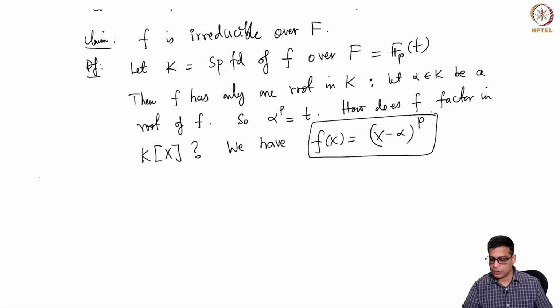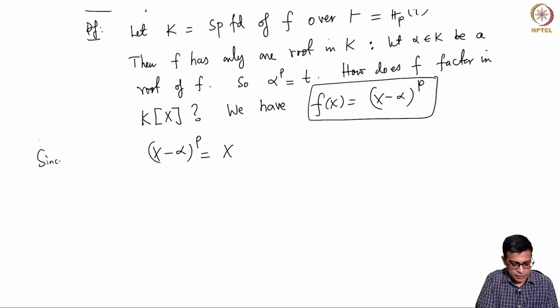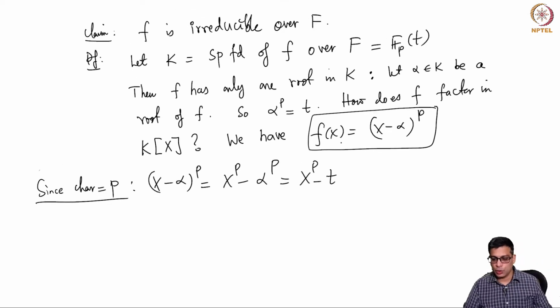This is because, since the characteristic is p, (x - alpha)^p will be x^p - alpha^p, all the mixed terms will go away. So, this will be x^p - t. Okay, so alpha^p is t, right.